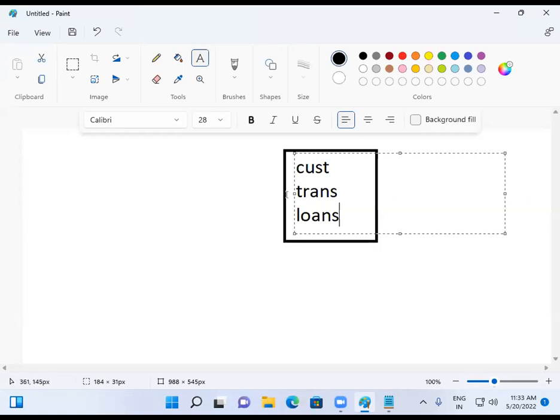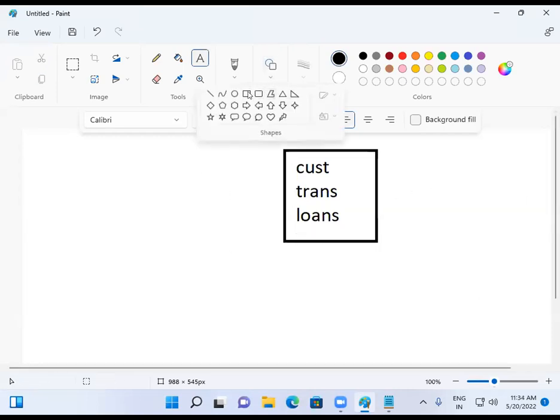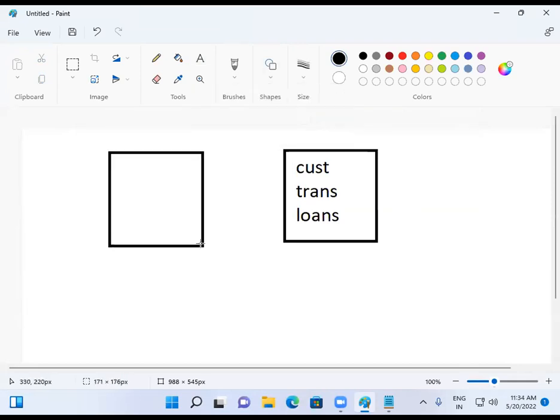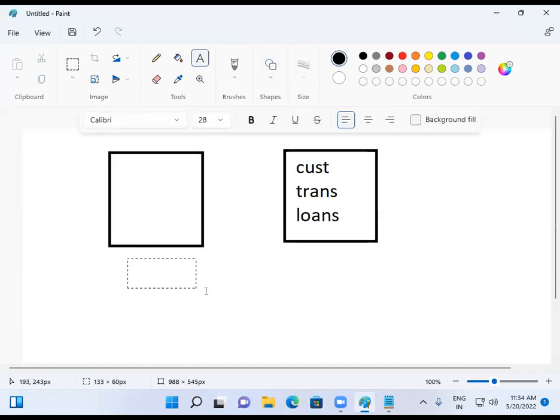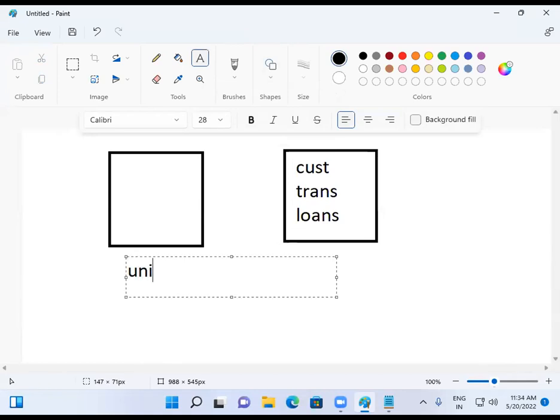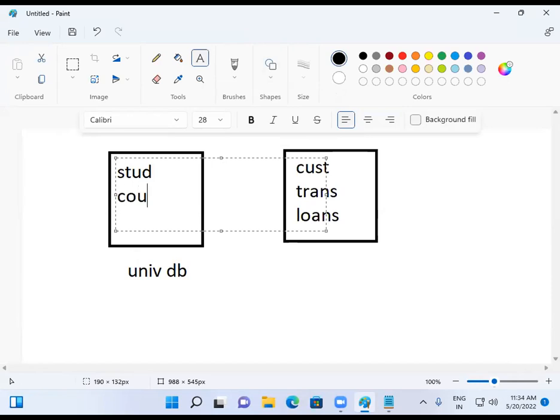Yes or no? Next, take a university, for example. Every university maintains a database. A university database stores data related to students, courses, faculty, etc. Students, courses, faculty are interrelated, just as customers, transactions, loans are interrelated.